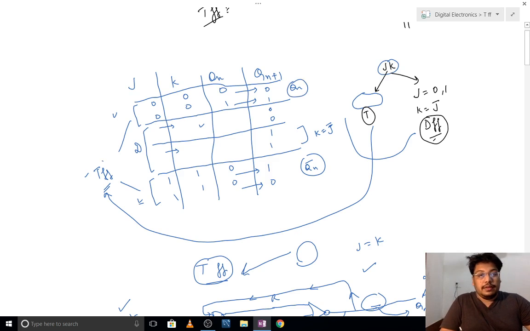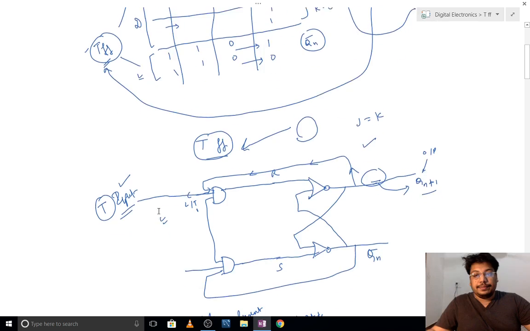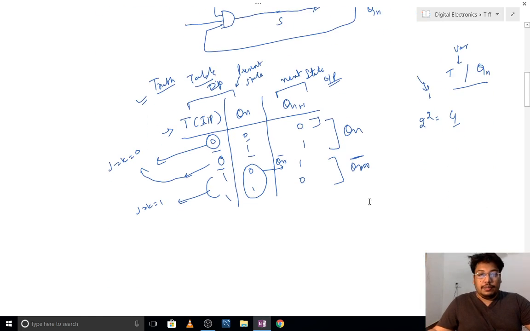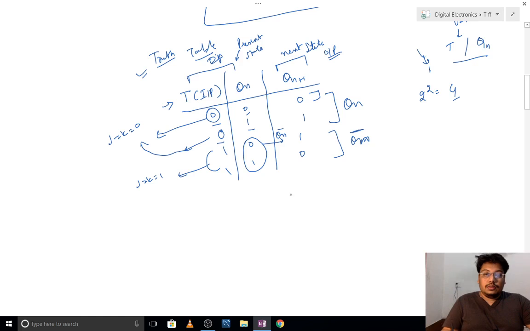So this portion I have said is the T flip-flop. So the same thing is here. Now this is the truth table for T flip-flop. And now we can say the functional table of T flip-flop will be a single column. So T will be 0 and 1.